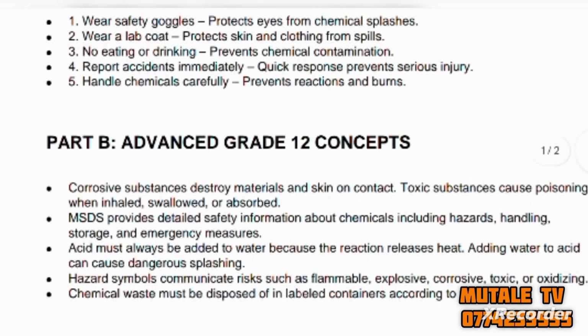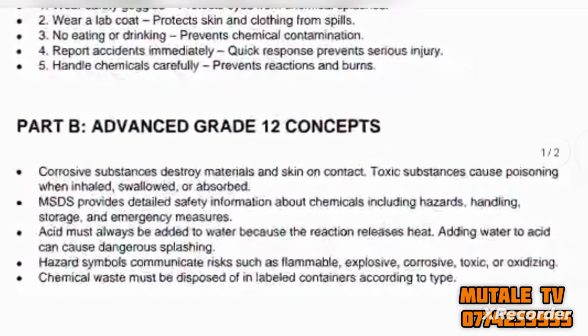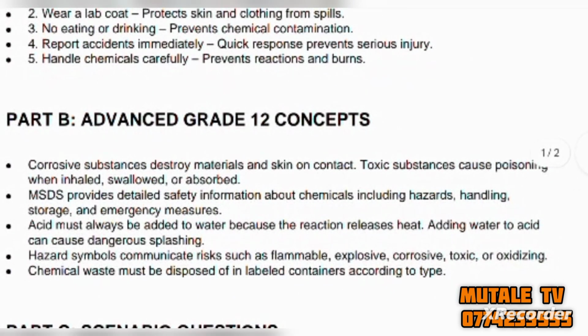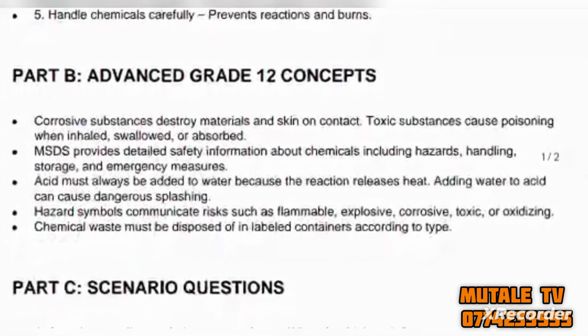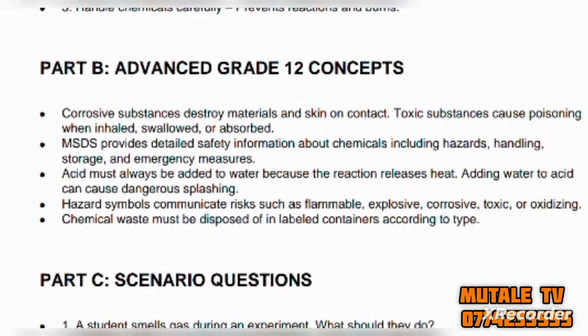So corrosive substances destroy materials and skin on contact. Toxic substances cause poisoning when inhaled, swallowed, or absorbed. So this statement is for the question, what is the difference between corrosive and toxic substances?